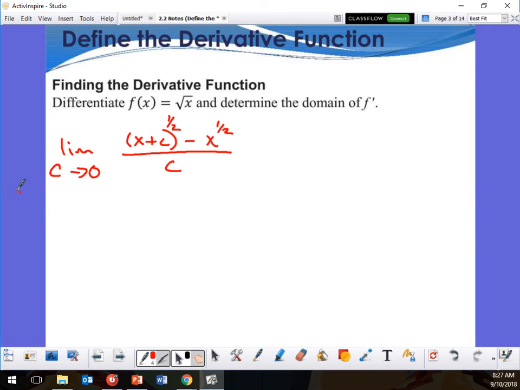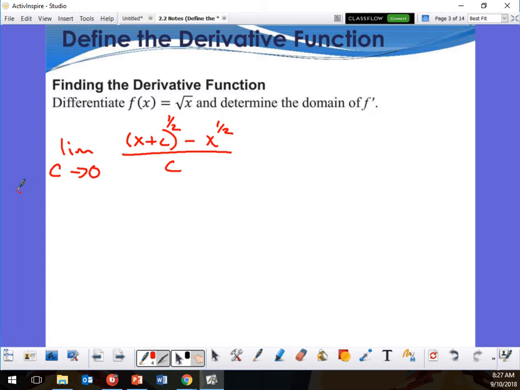To find this limit, I'm going to come up with an equation out of this. So right here, I'm going to have to use the difference of squares.